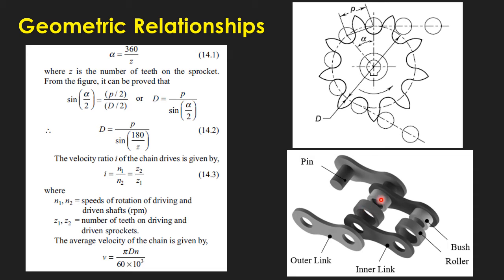This is the bush which I was talking about, and it is press fitted to an inner plate, and this bush will also be press fitted to another inner plate, and a roller will roll around the bush. This is the outer plate, and this is the outer plate, and it is fitted using a pin. This is the image of that.